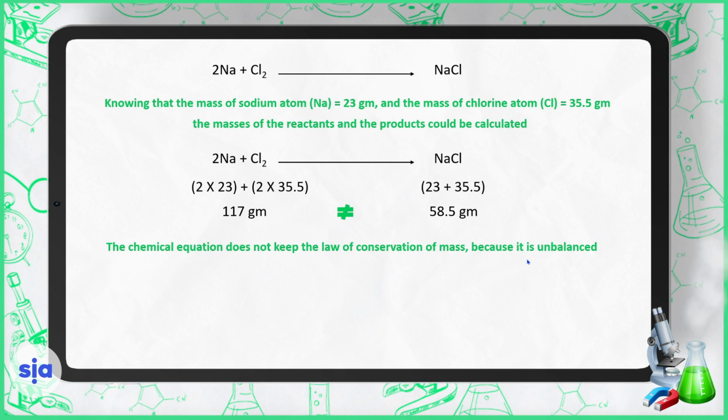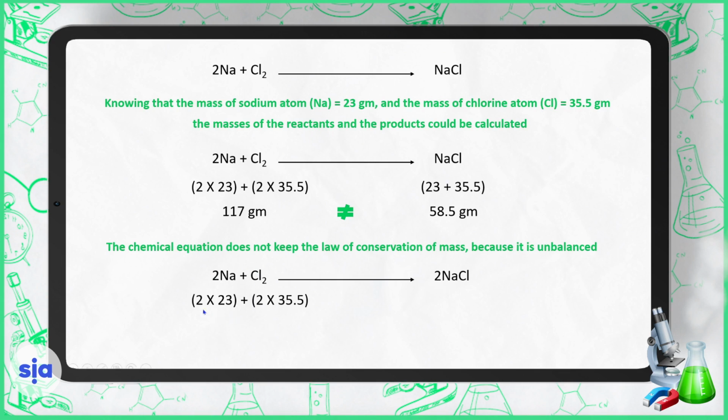So for the equation to keep the law of conservation of mass, it should be balanced. And this is the right balance for this equation: 2 single atoms of sodium will react with 2 atoms in a chlorine molecule to form 2 molecules of sodium chloride salt.